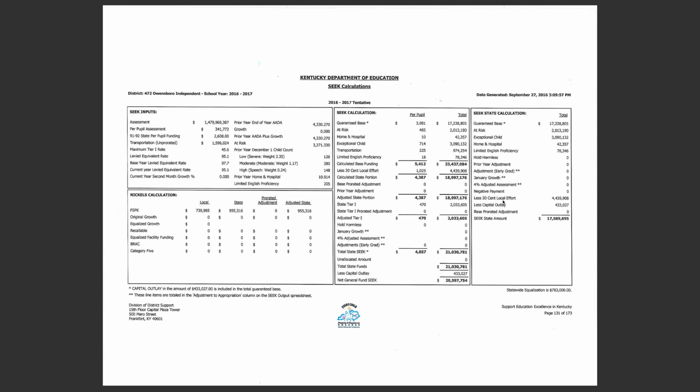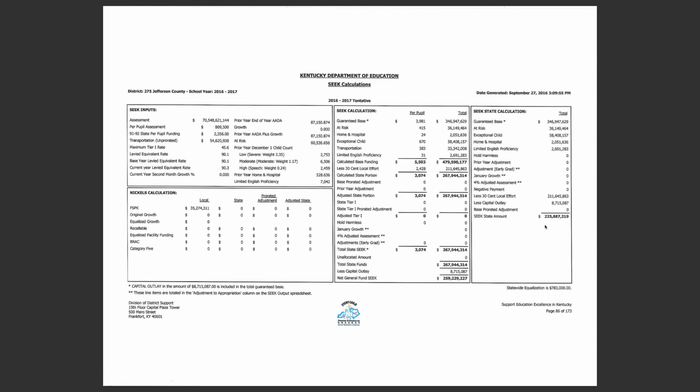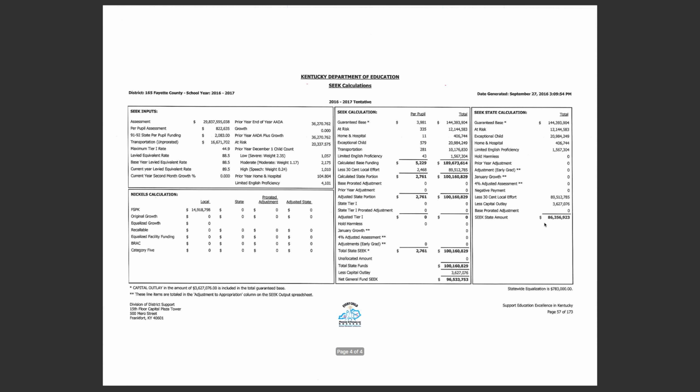And then, of course, you see the local effort and the capital outlay that are subtracted, and that's where your total SEEK amount comes from. And you can see what that total SEEK amount looks like based on each of these districts. 35 million in Davis County, okay, 225 million in Jefferson County, and you can see 86 million in Fayette County.